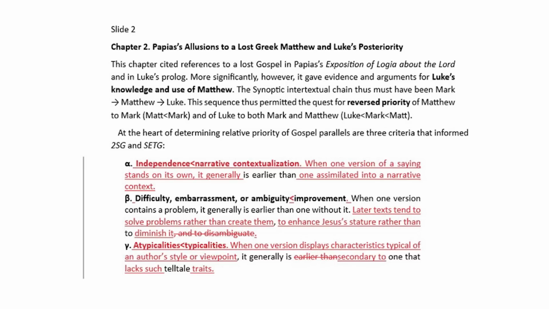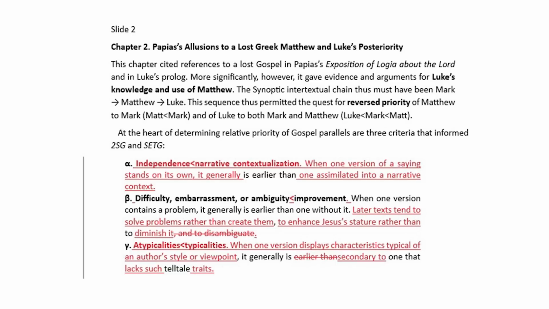So, for example, if Matthew is written after Mark, but in Matthew we find things that are more primitive than Mark, we have to ask where that comes from. It could come from oral tradition. It could come from multiple sources. It could come from a single source. The same thing's true, even more so, with Luke.